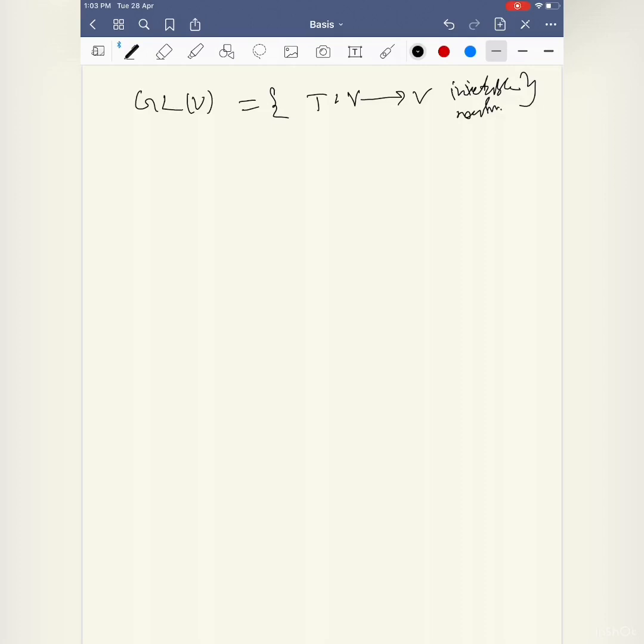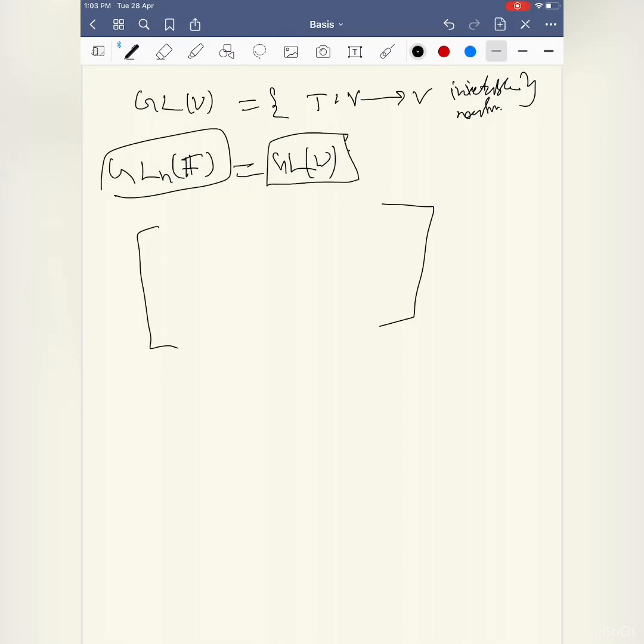What I wanted to tell is that GL_n(F) is the same as GL(V) in this case. The number of non-singular matrices here is the same as the number of invertible linear transformations here, T from V to V, where V is an n-dimensional space over F.